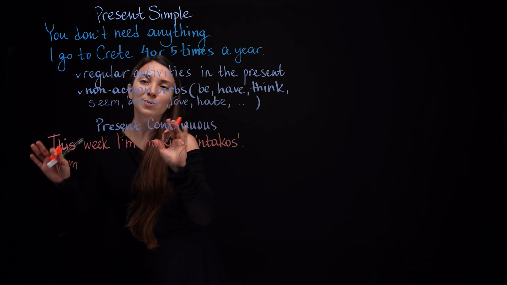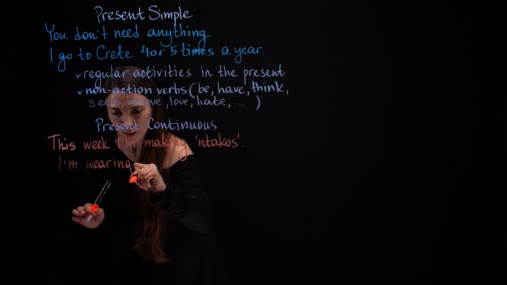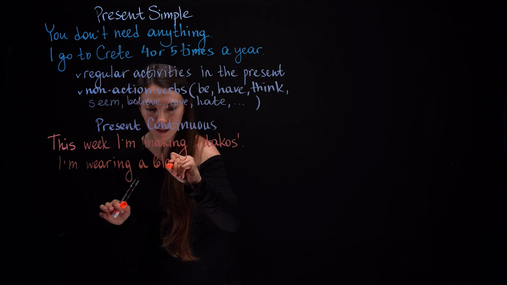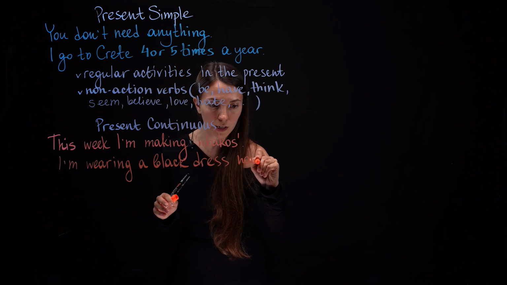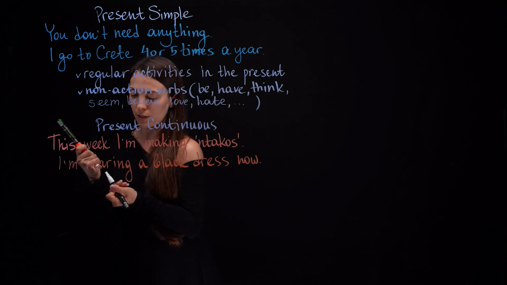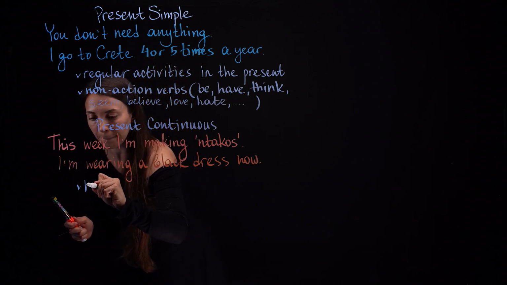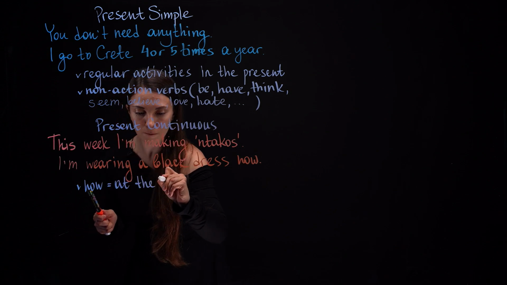Sorry, a black dress. I'm wearing a black dress now. Yeah, of course, we use the present continuous for actions which are happening right now. Now or at the moment.